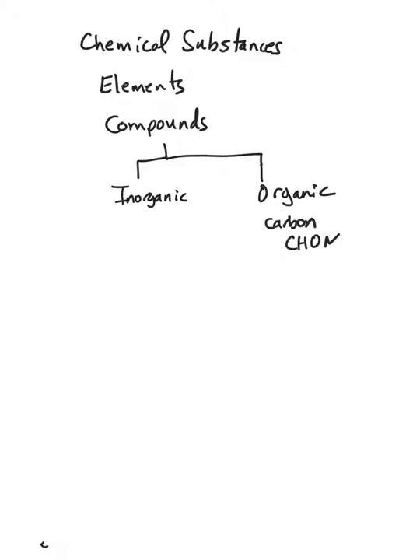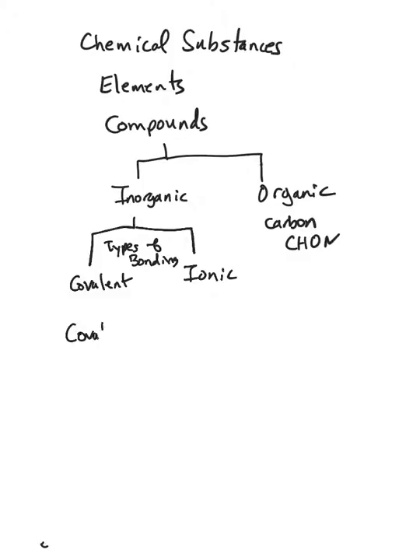But under inorganic chemistry, we can break that apart into two main classifications, either being covalent or ionic. And these two really describe the types of bonding. Covalent bonding arises from the sharing of electrons.